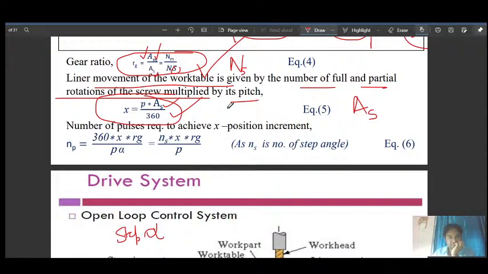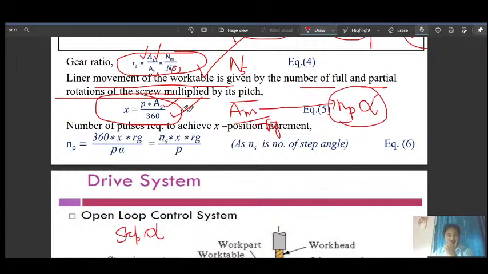AS is AM by RG, and what was AM? If NP pulses are supplied and the step angle rotation is alpha, then AM is NP alpha. So put the value of NP alpha divided by RG here as the AS value.